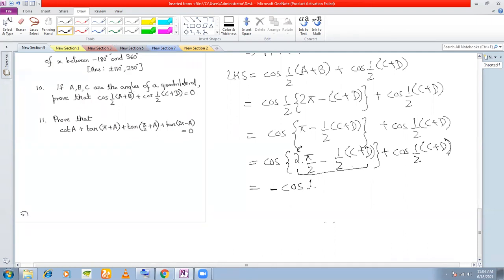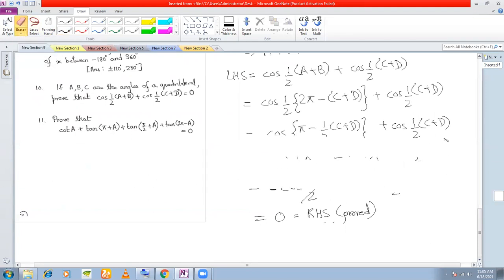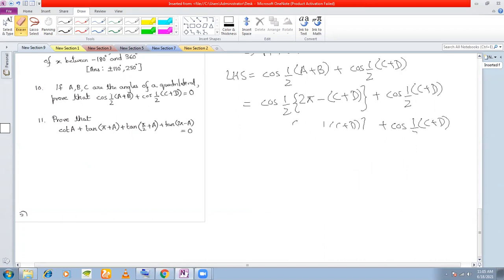So you give a minus sign: minus cos half of C plus D plus cos half of C plus D. So these both will cancel. You get 0 is equal to right hand side. Proved. Okay. Any question? Last sum from this chapter.